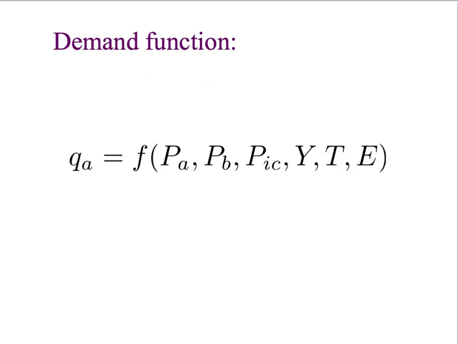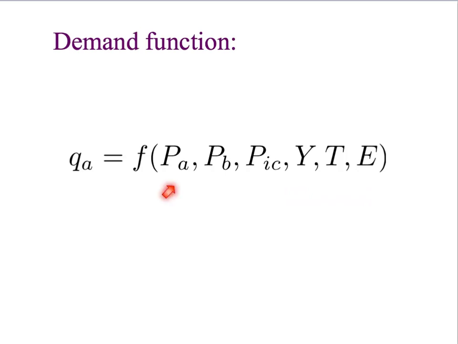We're going to represent it in abstract form. In other words, we're not going to use a specific formula, but rather we're going to have Jackie's quantity of apples over here on the left-hand side, represented by the variable QA, and we're going to write that as a function of these variables on the right-hand side.